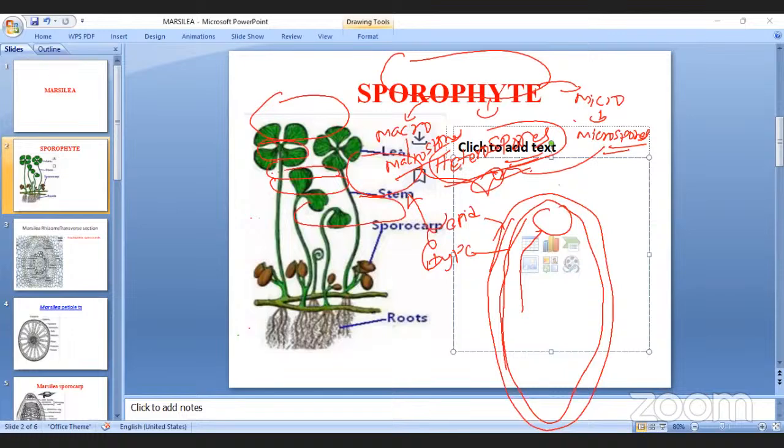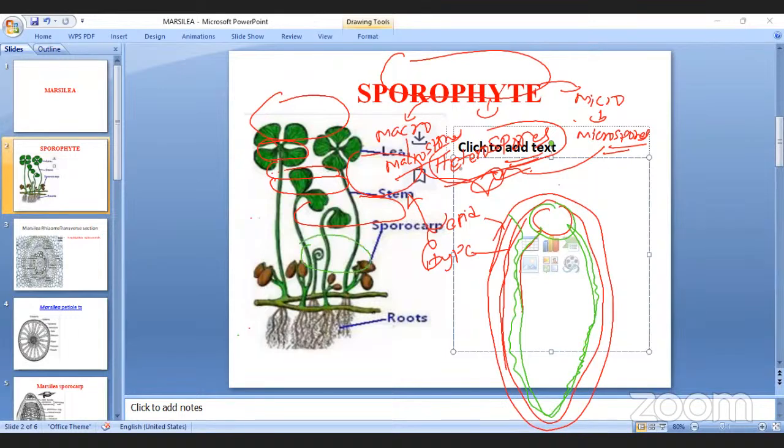Let's change color. The gelatinous ring, this green one actually. This gelatinous ring is also present. From the gelatinous ring, the sorus is arranged.